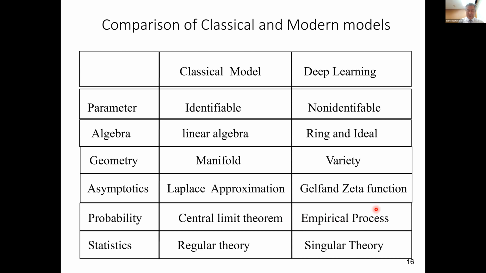So this empirical process theory is a functional central limit theorem, and we need this theory to study deep learning. And as for statistics, classical models can be studied by using regular theory. However, to study deep learning, we need singular learning theory, as you know very well.